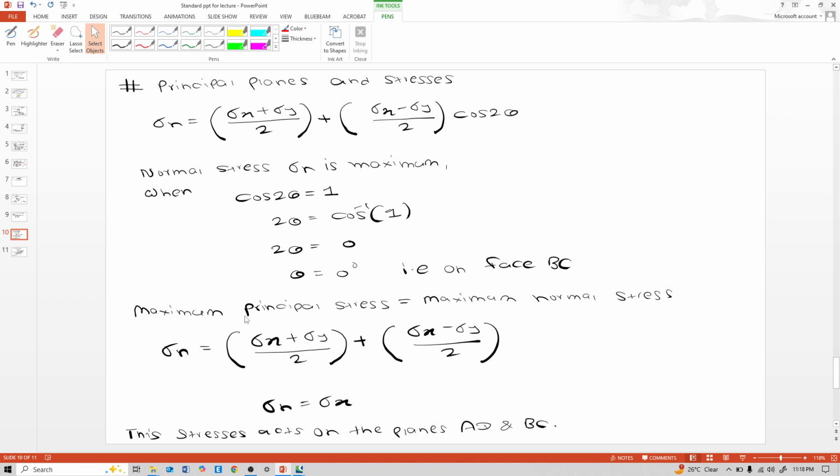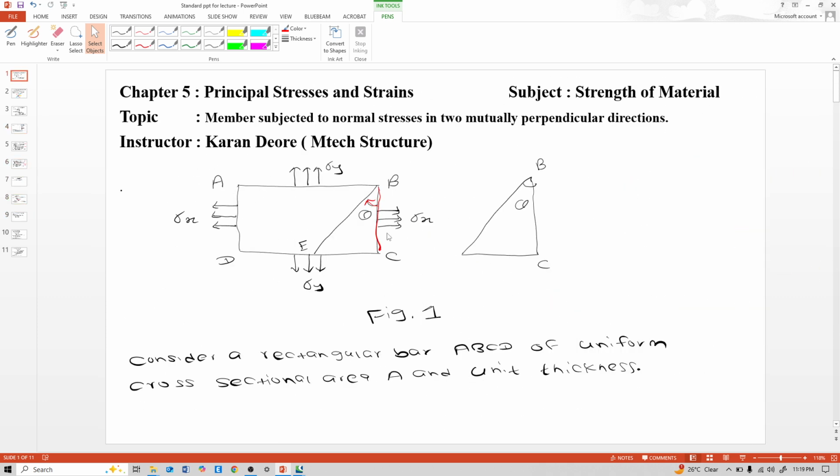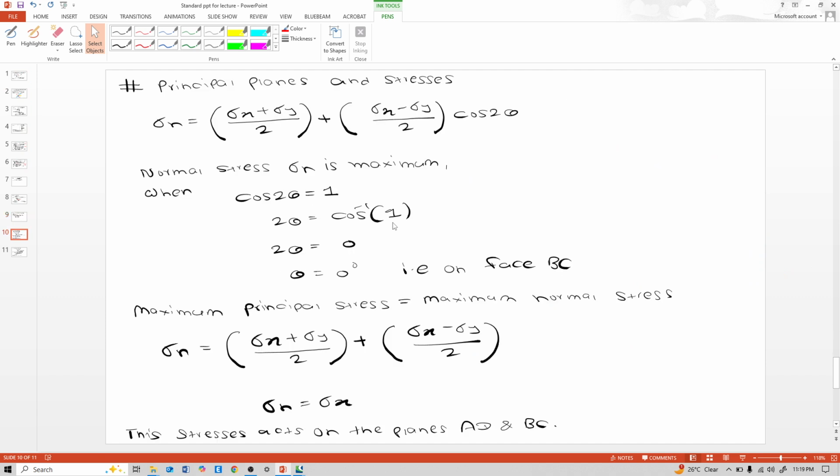Therefore, cos 0 is 1, and by solving it mathematically, sigma n is equal to sigma x. This stress acts on plane AD and BC. When theta is equal to 0 degree, the maximum principal stress or maximum normal stress is equal to sigma x.